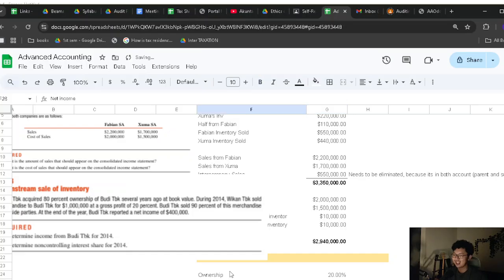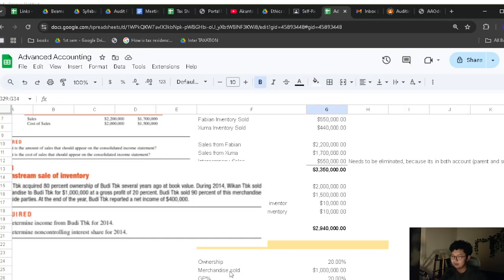Right. So the logic here is that they reported a net income of 400, but the problem here is that this is the total net income. This is the number if they had sold all of their inventory already. But in this case they only sold 90%. They haven't sold the remaining 10%, so there need to be adjustments.